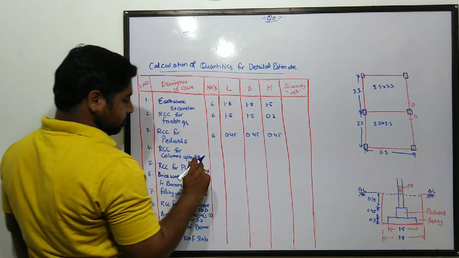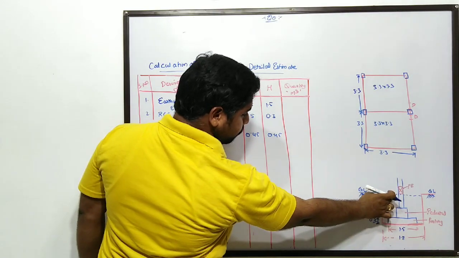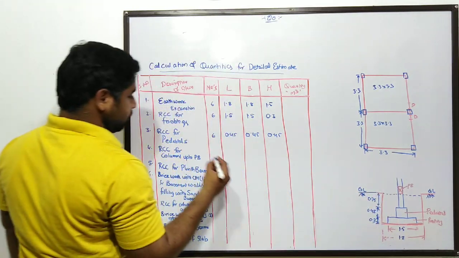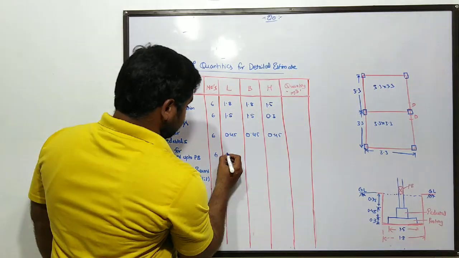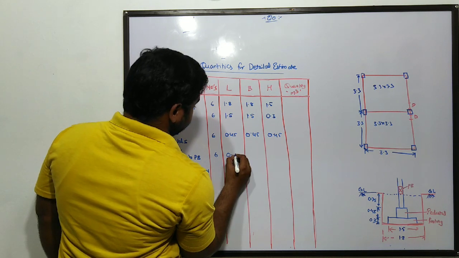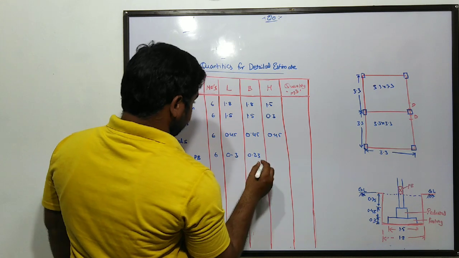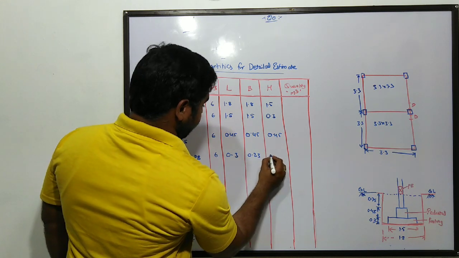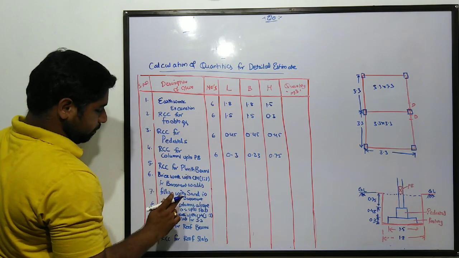Next, RCC for columns up to plinth beam, that is from this portion to this portion, 0.75. Here also 6 numbers, and dimensions are 0.3 by 0.23 by a height of 0.75.